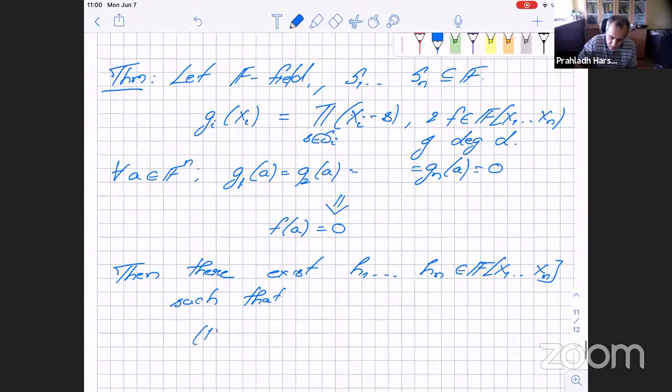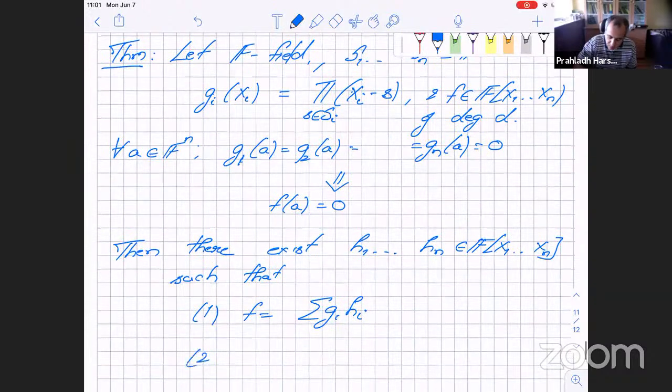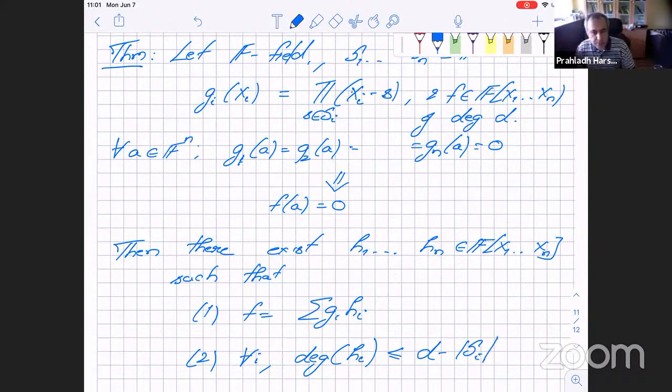One, f is the summation of gi hi, and two, for all i, the degree of hi is less than or equal to d minus size of Si. So in this case, no f to the power k or anything is needed. F is actually equal to the summation of gi hi, and each hi is of degree at most d minus size of Si. Notice that the degree of gi was the size of Si. So this is d minus size of Si. So together it is of degree d.